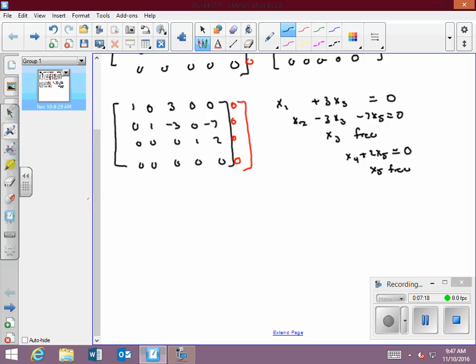So I can solve this. x1 equals a negative 3x3. x2 equals 3x3 plus 7x5. x3 is going to equal x3, whatever it is.